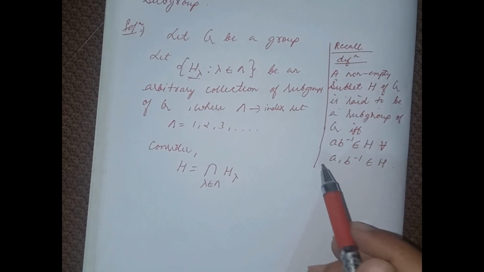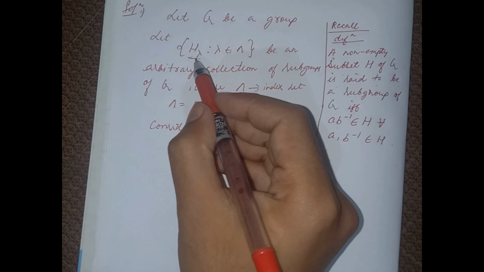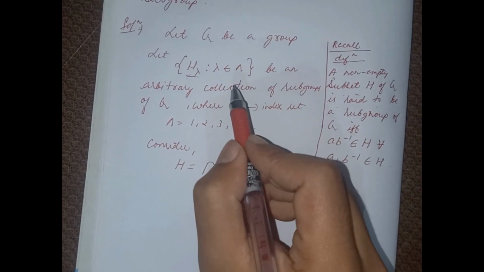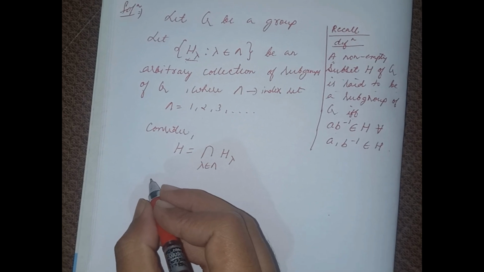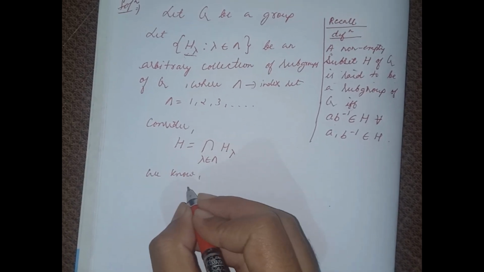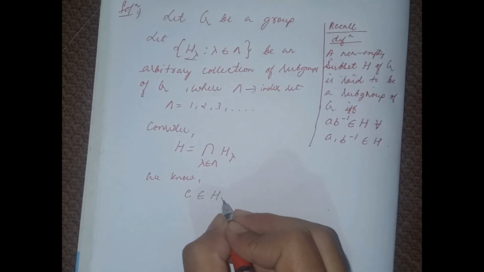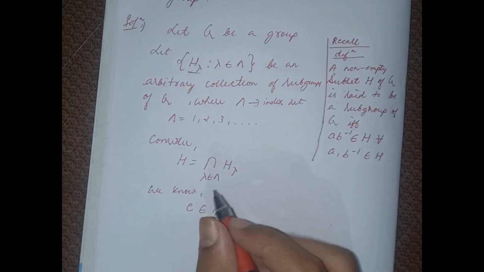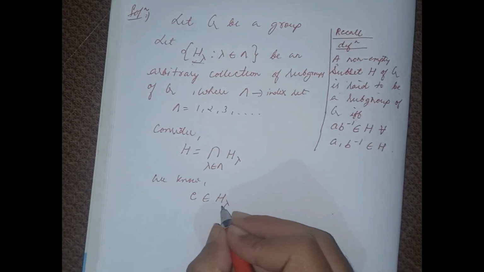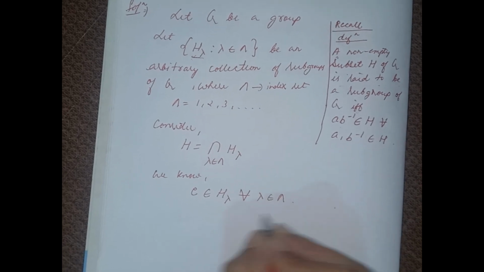firstly, we know that it should be non-empty. So since H lambda is non-empty, we know that the identity element belongs to H lambda, meaning the elements of this collection, which is a subgroup, for all lambda belongs to the index set.